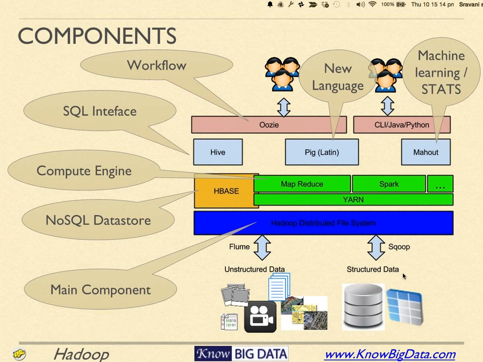Sqoop basically copies structured data onto HDFS. It takes the JDBC connection URL, connects to your existing database, and copies whatever table you want to HBase or Hive, or as a CSV or tab separated file onto HDFS. That is the role of Sqoop.